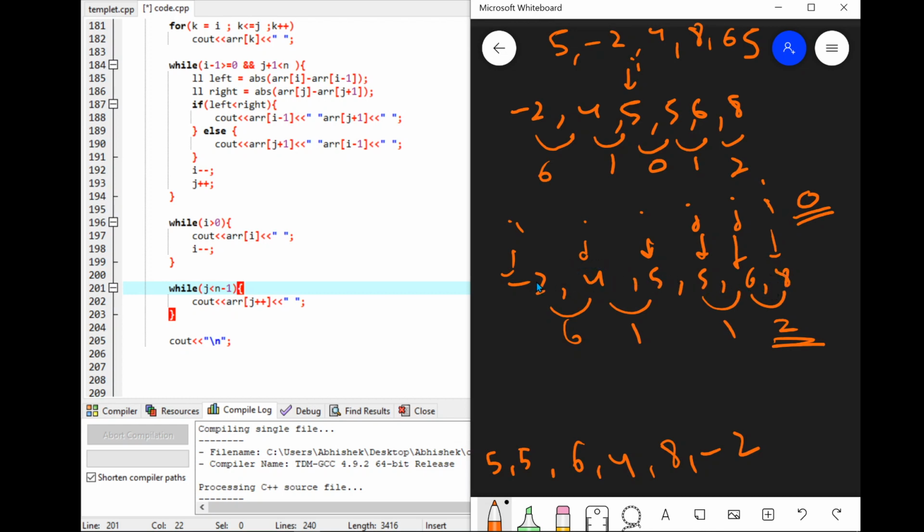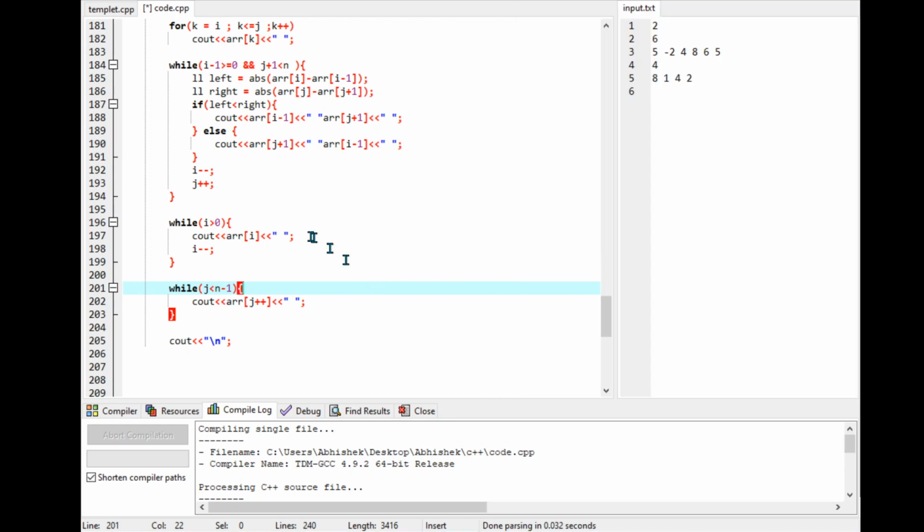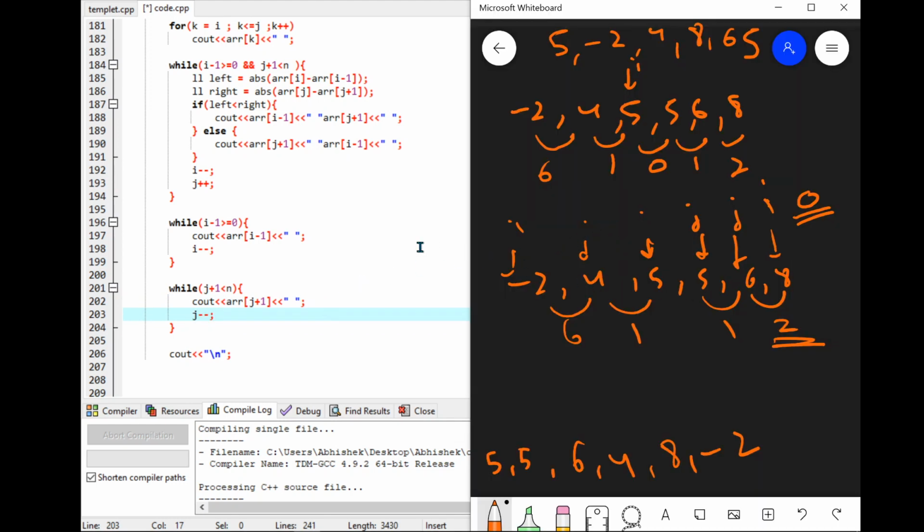So i is at 0. So basically I think the approach I followed here should also be followed: i minus 1, and this thing is j plus 1, and we have to print j plus 1. Alright, so I think this would be now fine, or not.